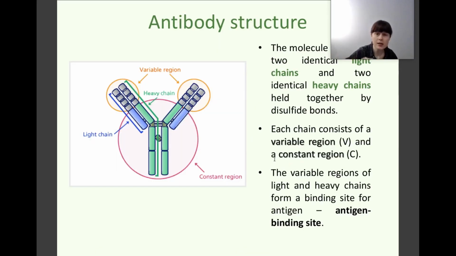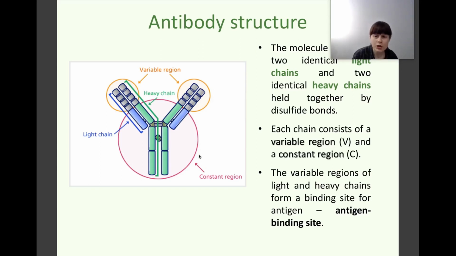The components here you see of the immunoglobulin G molecule are characterized by heavy and light chains connected by disulfide bonds. Each chain consists of a variable region, variable domain, and a constant region, constant domain.